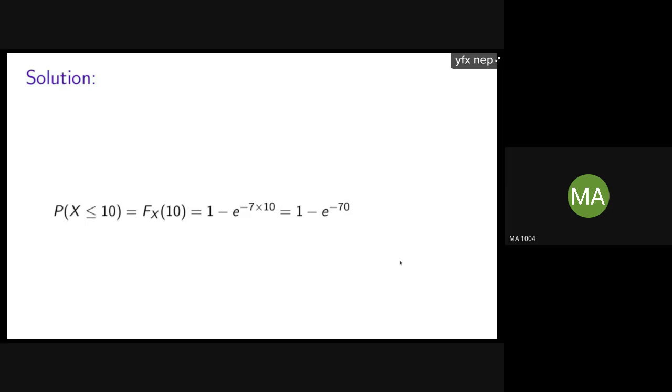You wanted to say that between a and b, how it will be Fx of b minus Fx of a, you're saying? I think he's asking, CDF is described in terms of the probability that x is less than or equal to. Please explain the definition.